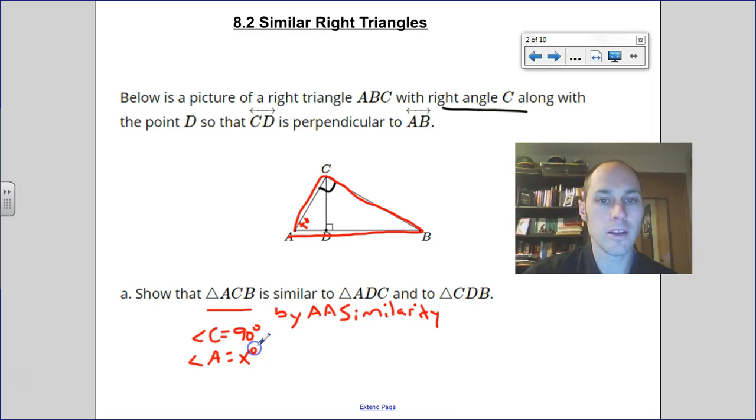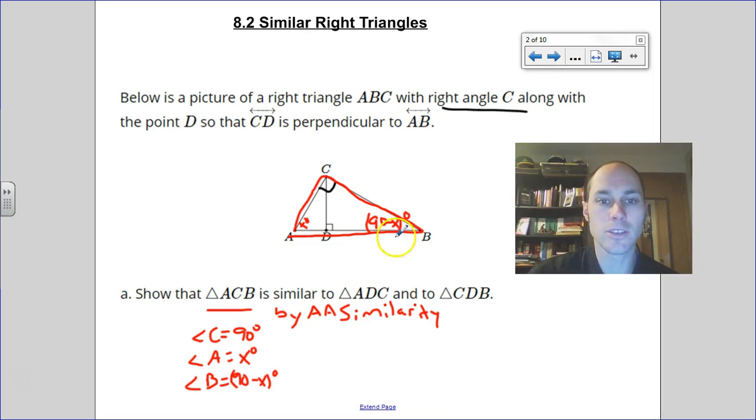That would make angle B 90 minus X degrees, because the sum of the angles in a triangle is 180, therefore there's only 90 degrees left since we have the right triangle here, and if this one's X, we have 90 minus X for the third one. Okay, hopefully that makes sense for now.